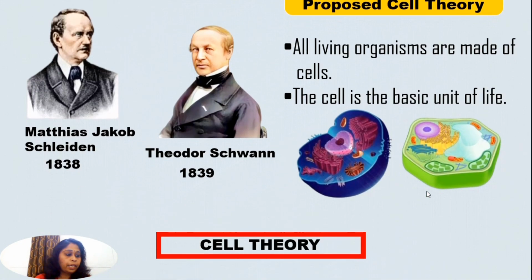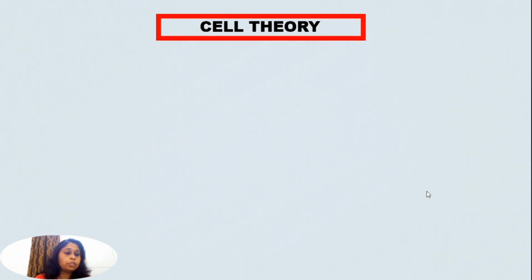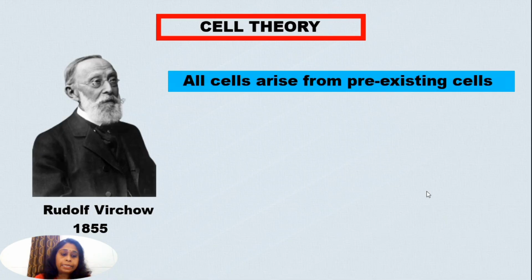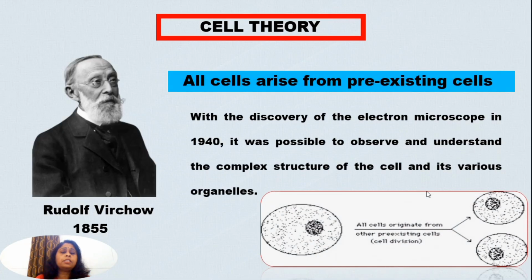The cell theory was further expanded by Rudolf Virchow in 1855, and he stated that all cells arise from pre-existing cells. With the discovery of the electron microscope in 1940, it was possible to observe and understand the complex structure of the cell and its various organelles.